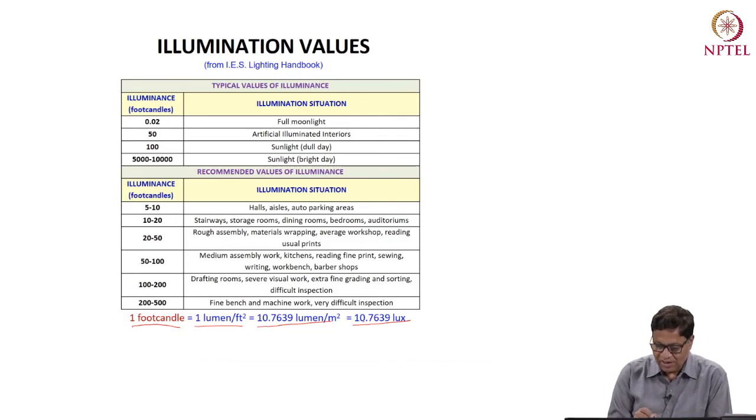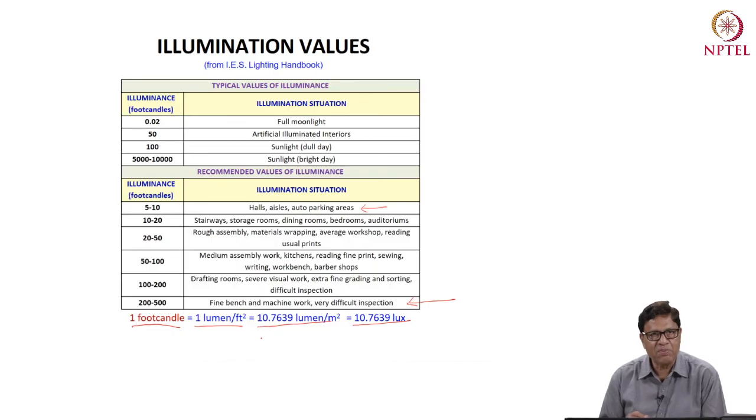For example, in a parking area, or halls or aisles, typically you require 5 to 10 foot candles, or in terms of lux, 50 to 100. If you go to the other extreme, in a fine bench where you are working on minute equipment, or very difficult inspection areas, then the illumination required is about 2000 to 5000 lux.